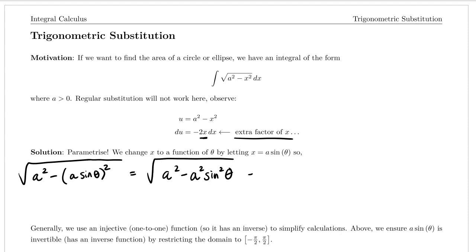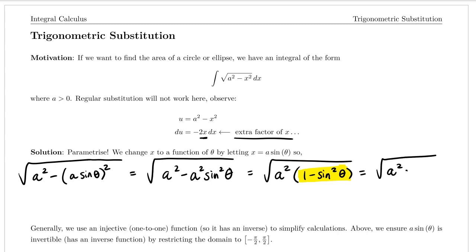Now, because both of the terms underneath the square root have an a squared, I can factor that out, and I get 1 minus sine squared theta. And then, using the Pythagorean identity, 1 minus sine squared theta is equivalent to cosine squared theta. So this is equal to the square root of a squared times cosine squared theta.